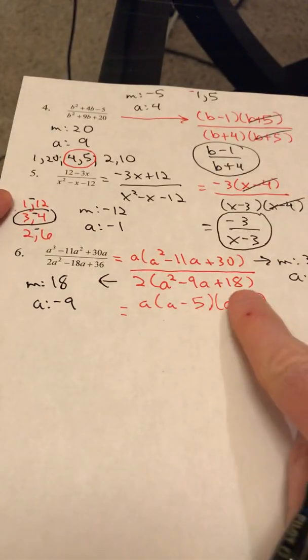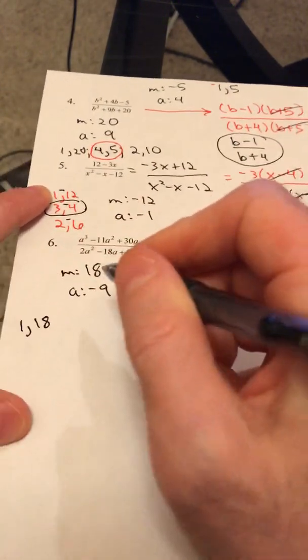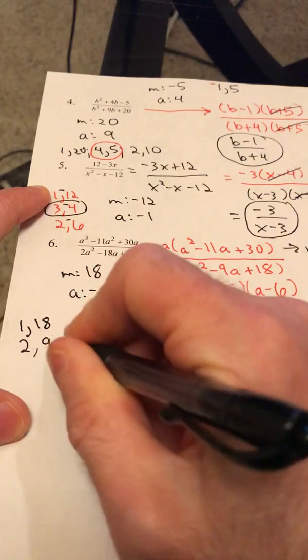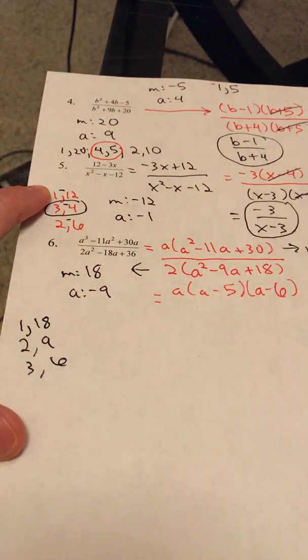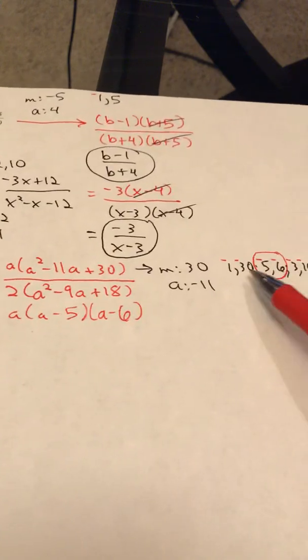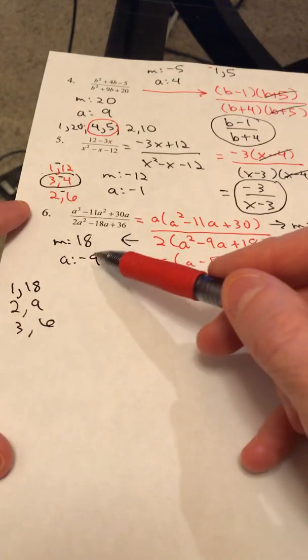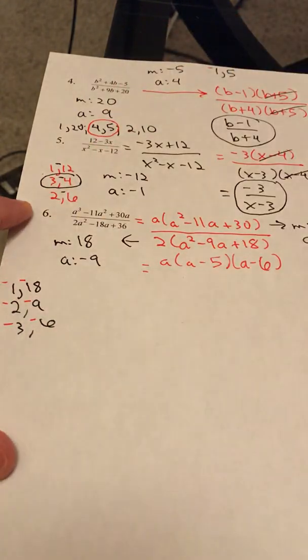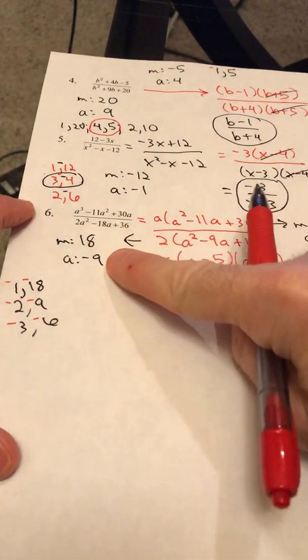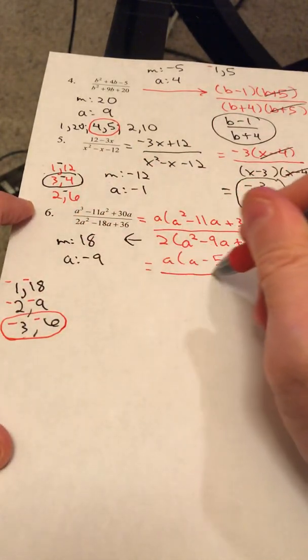Well, as far as what multiplies to 18, 1 and 18, 2 and 9, 3 and 6. Now, much like over with what we did for the numerator, if it multiplies to a positive and adds to a negative, all of your values have to be negative. Now, what multiplies to 18 adds to -9 is -3 and -6.